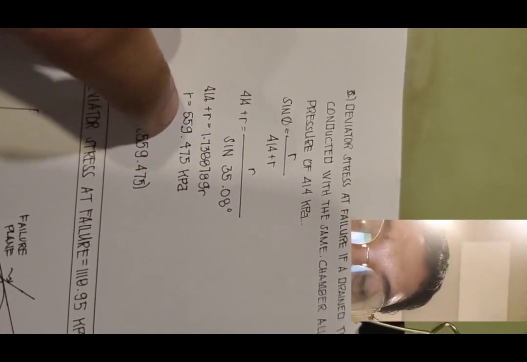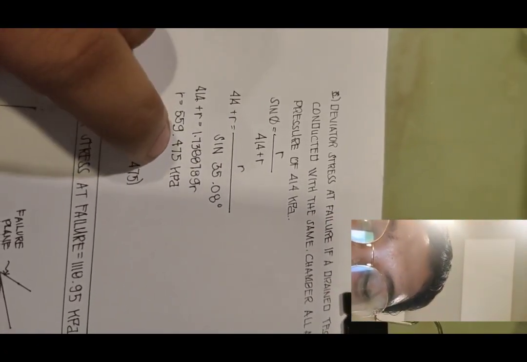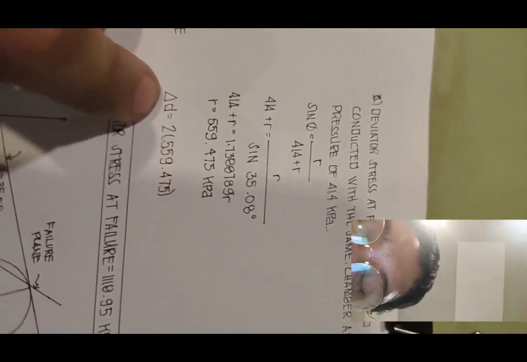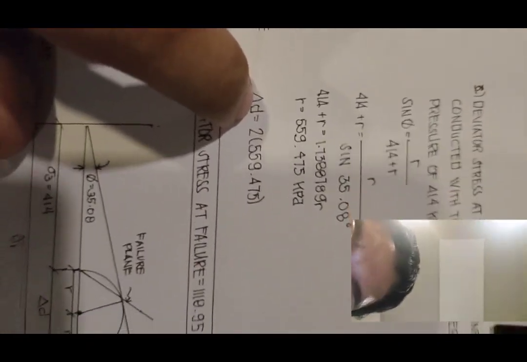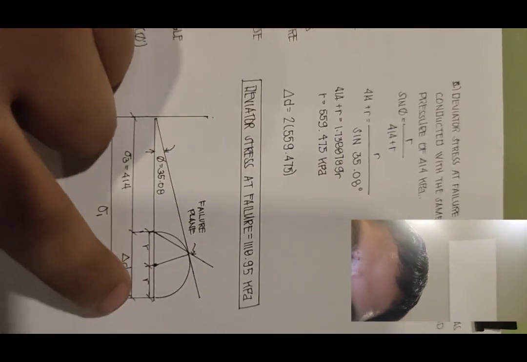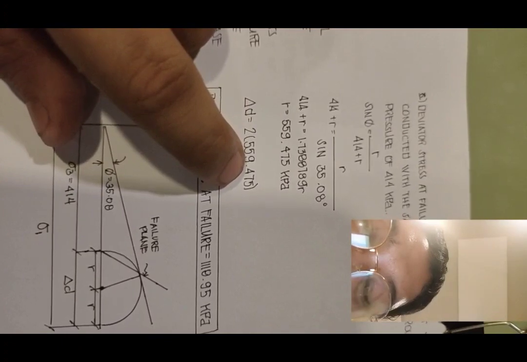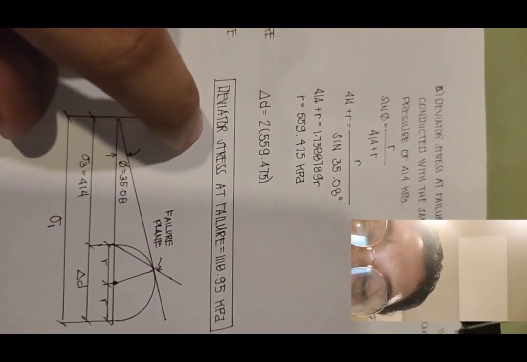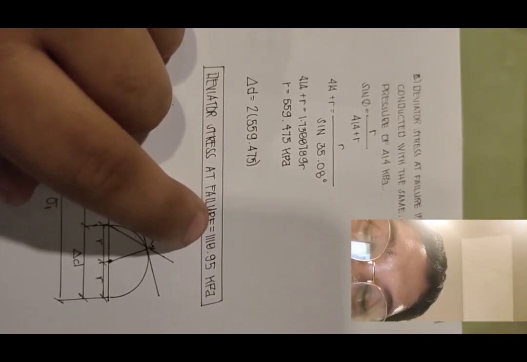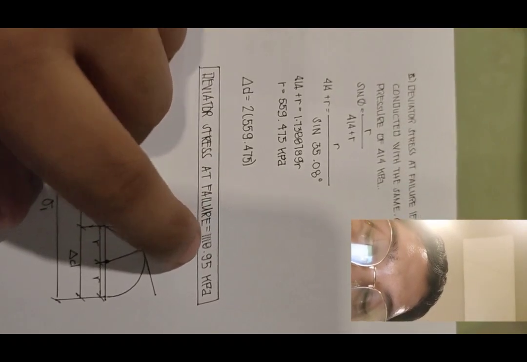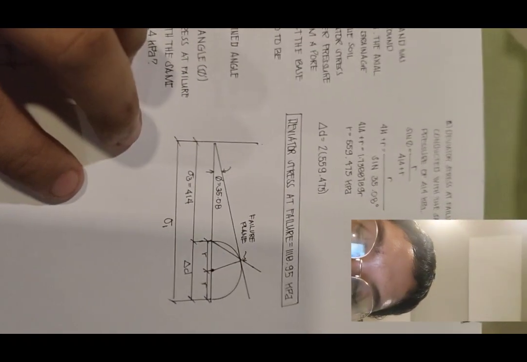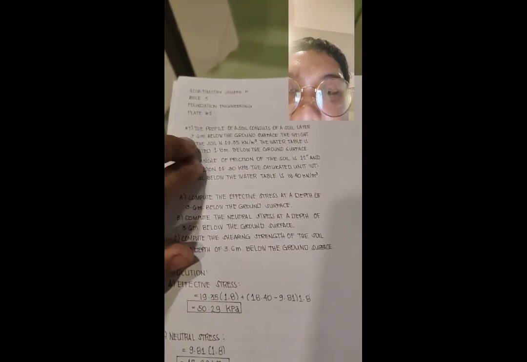So makukuha natin yung R na 559.475 kPa. Change in D, makukuha natin to through here, 2 times 559.75 kasi yung radius. The deviator stress at failure is equal to 1,108.95 kPa.